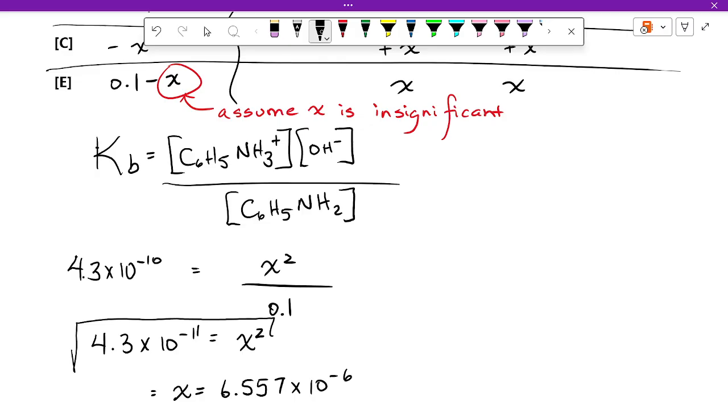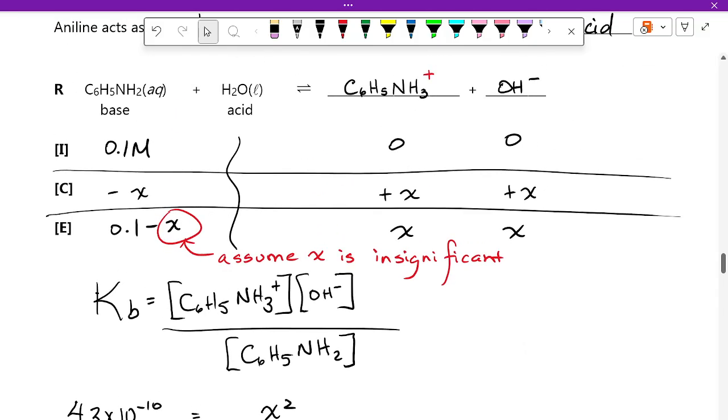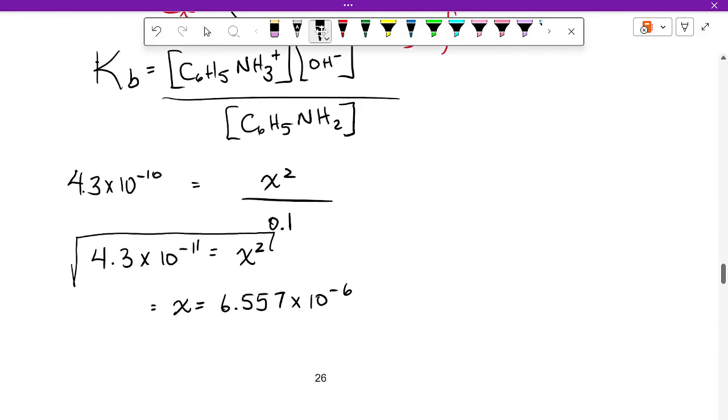Did you guys get 6.55 times 10 to the minus 6 for x? Yes. What is x? It's the concentration of OH. Is that what I was asked for in the question? No. We were asked for H plus. Do you guys remember how to do that? Yep.